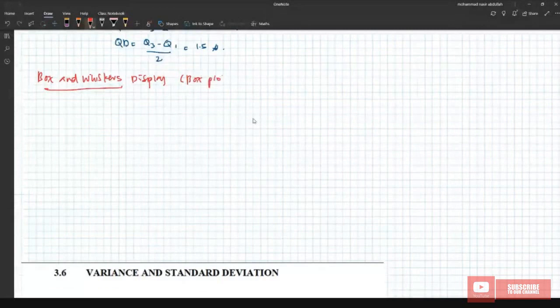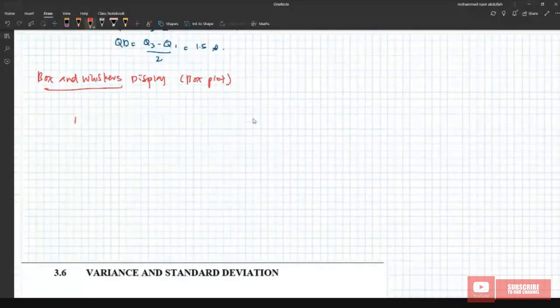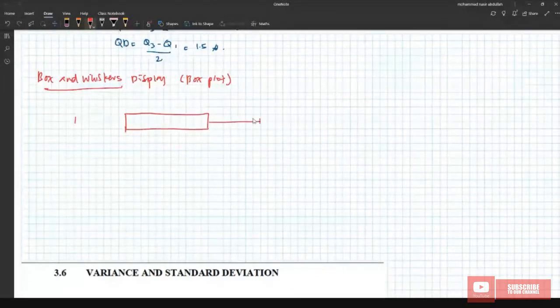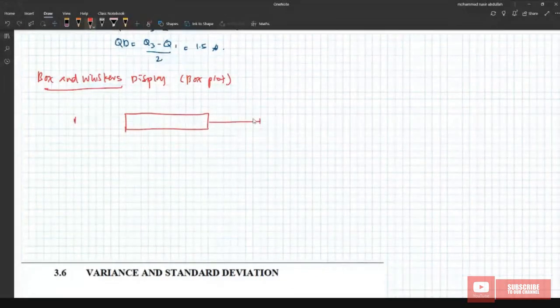So we have a box and a whisker. This is the box and whisker display.